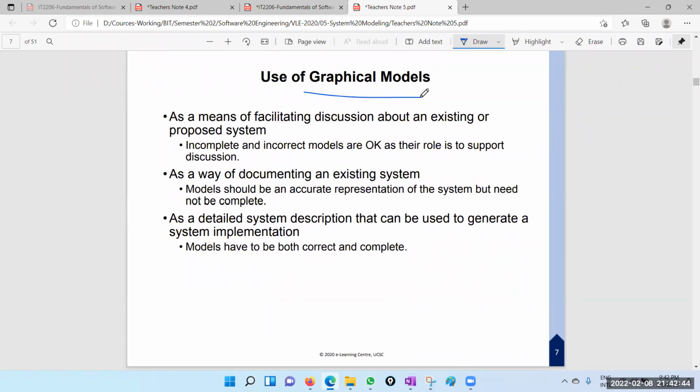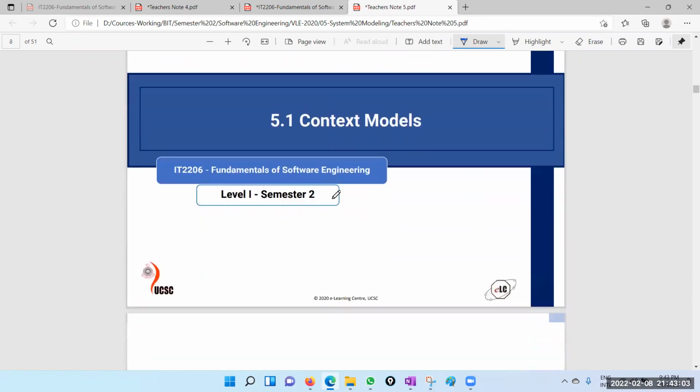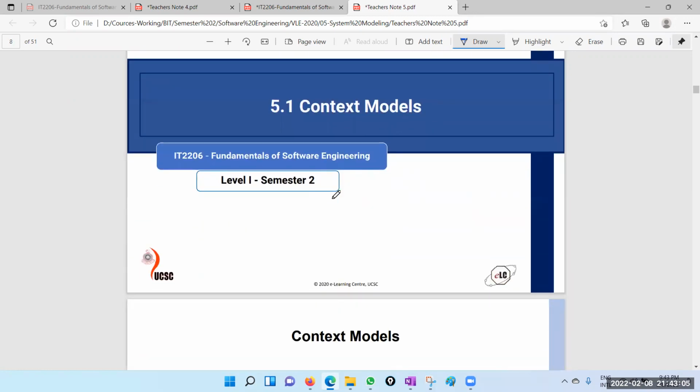Again, we use graphical models. All those diagrams are graphical representations. I keep saying that because the human brain is optimized for understanding graphics, images, and pictures. So now we are going to look at some of those diagrams or models.